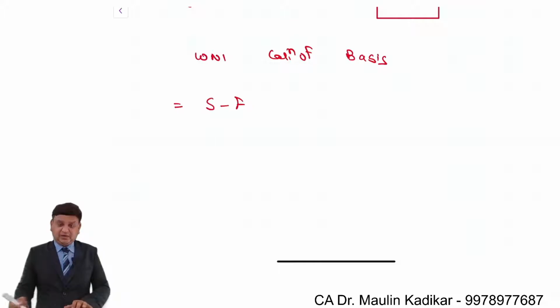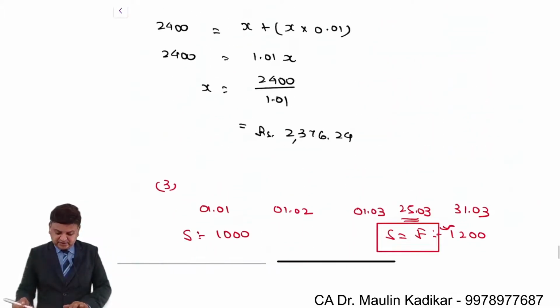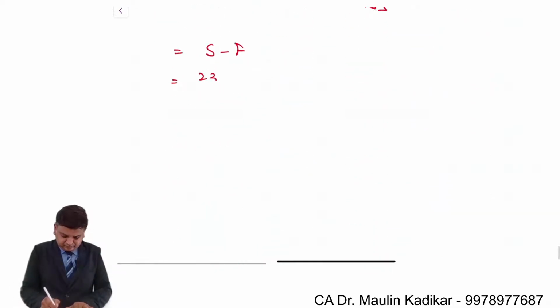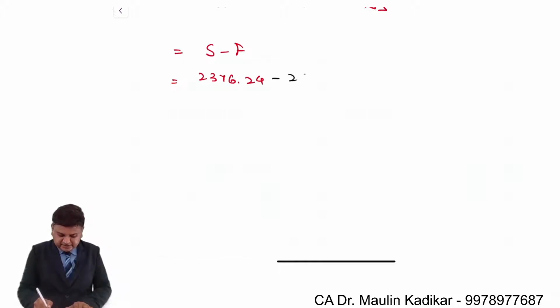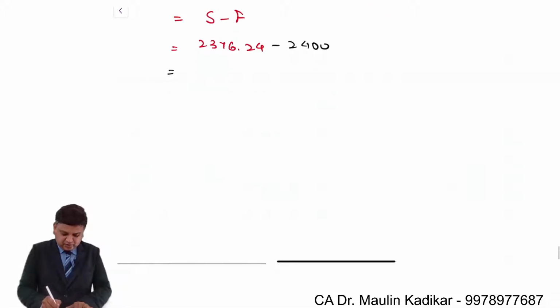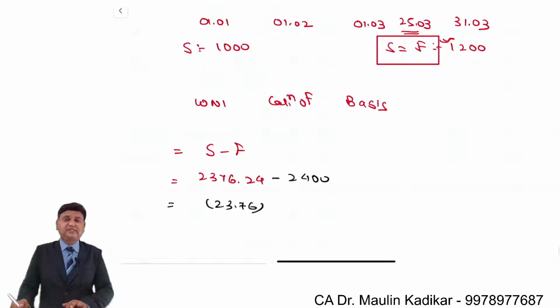What is the spot price of the equity share? Over here, that is the spot value of the index, it is 2376.24, minus futures value 2400. So 2376.24 minus 2400 comes to negative 23.76. This is the way the basis is calculated.